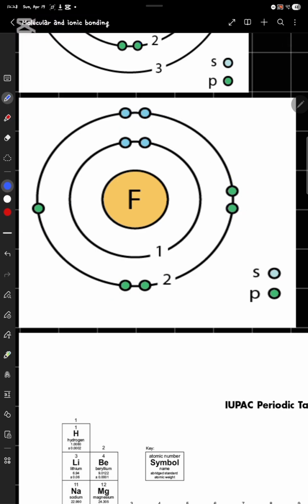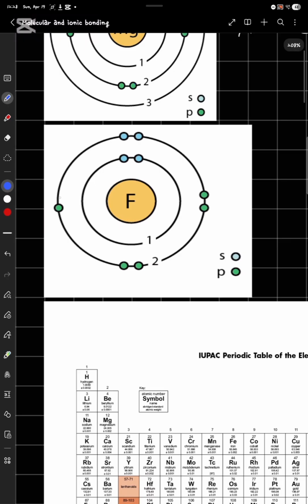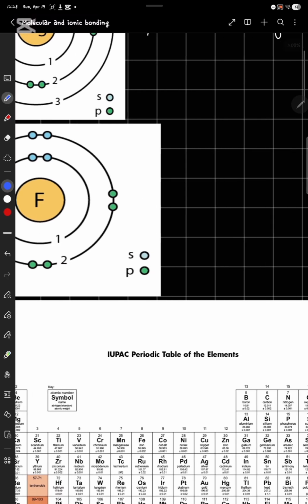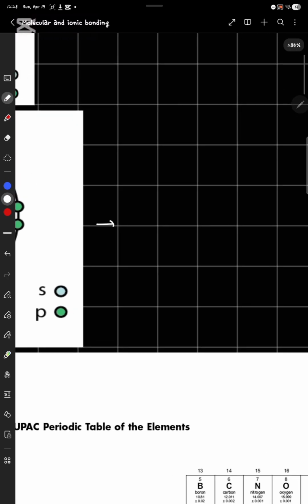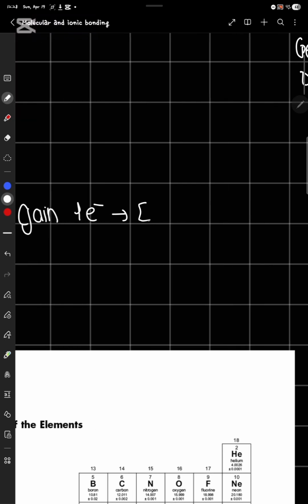So it would be more favorable for it to just gain 1 more, rather than lose 7 and end up with these 2, which is also a full shell. So it's the same condition, but for fluorine it's much easier to just gain 1 more to gain a full shell, right? So it will gain 1 electron, which gives it a -1 charge.